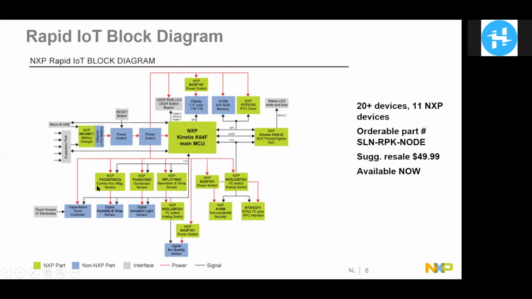and then we offer different sensors. From NXP, there's a combo accelerometer and magnetometer, a gyroscope, barometer, and temp sensor.